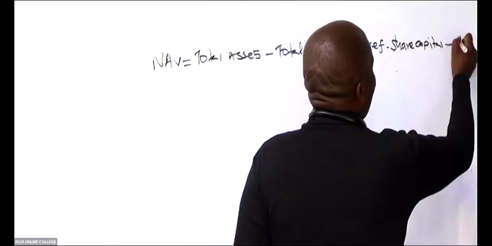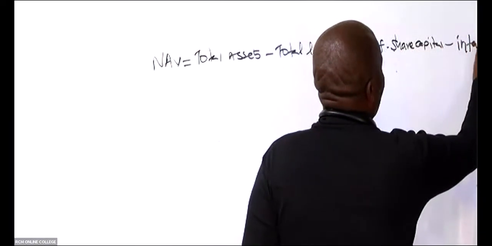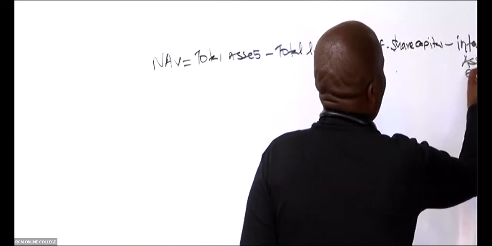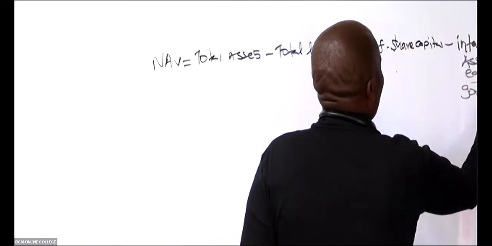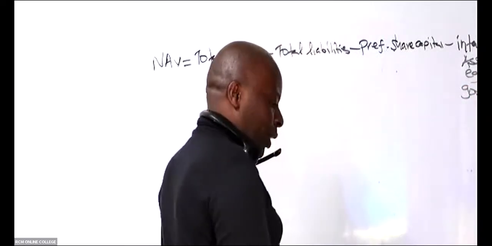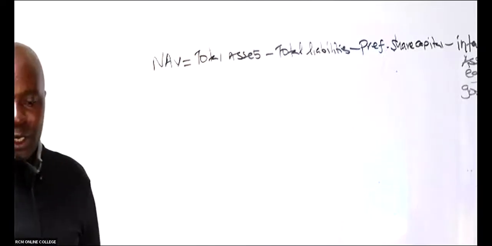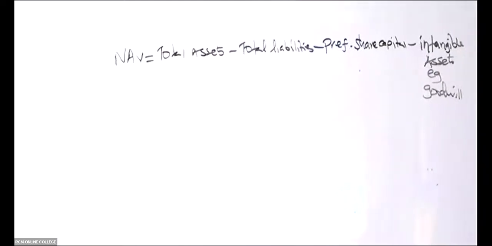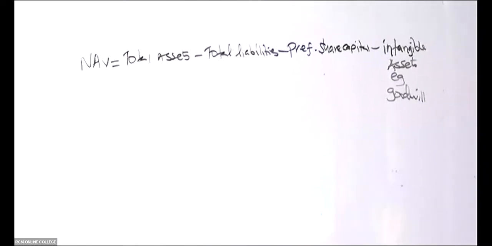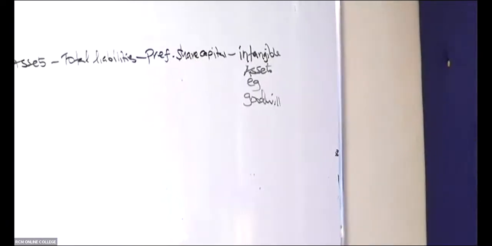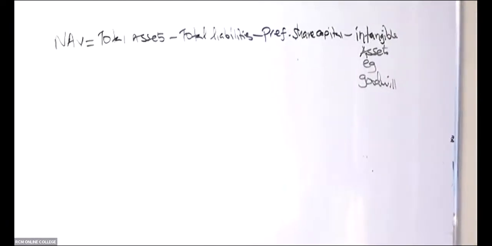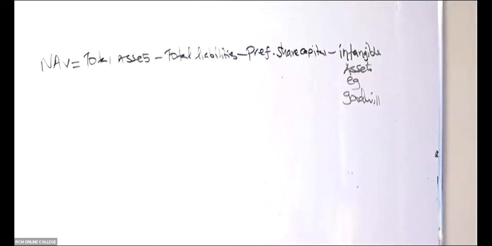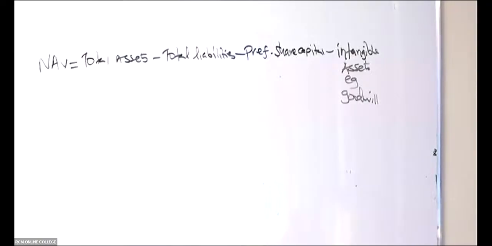So minus any intangible asset, e.g. goodwill. That one you subtract, trademark, etc. By the time you're selling, trust you me, that asset of yours has got no goodwill. Even if it has, in terms of getting net asset value, we shall always be subtracting.